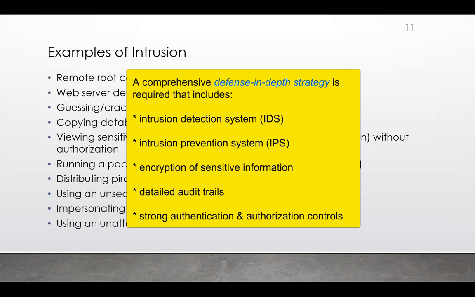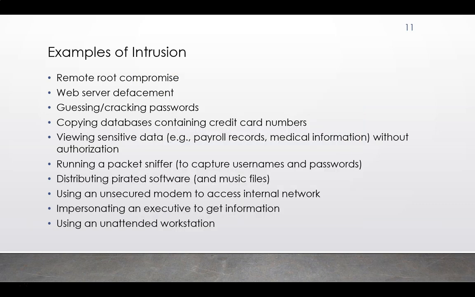Hence, they need to be part of a defense-in-depth strategy that may also include encryption of sensitive information, detailed audit trails, strong authentication and authorization controls, and active management of operating system and application security.